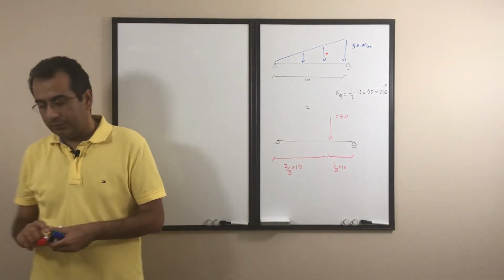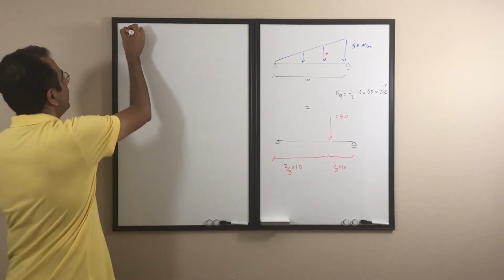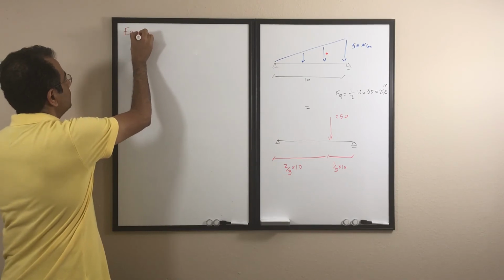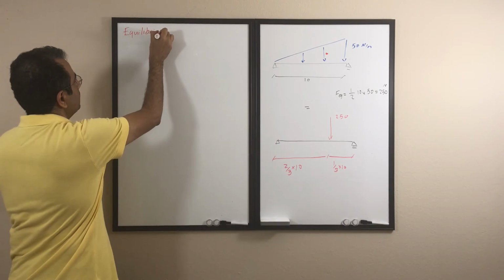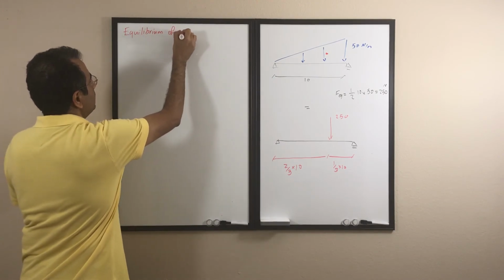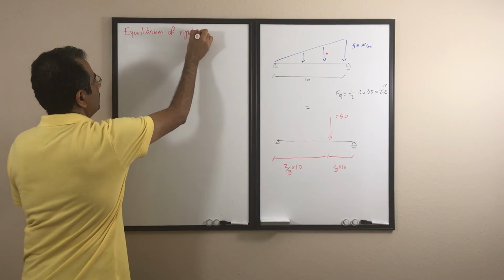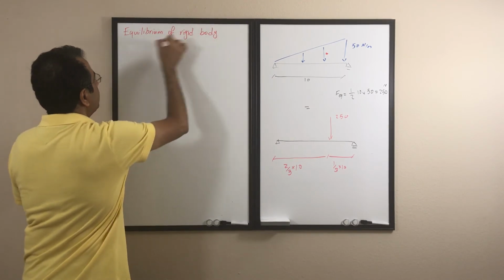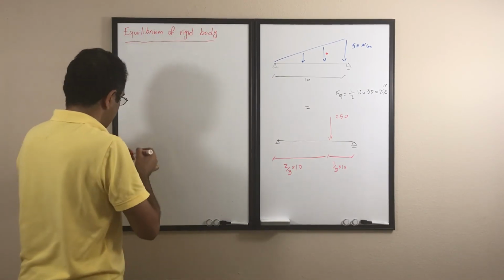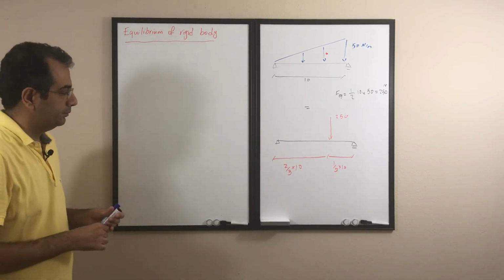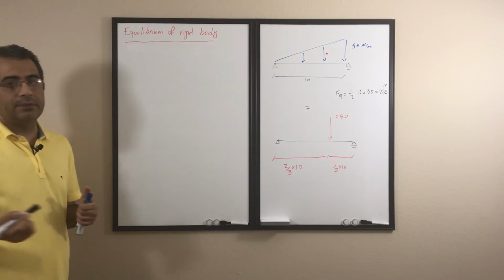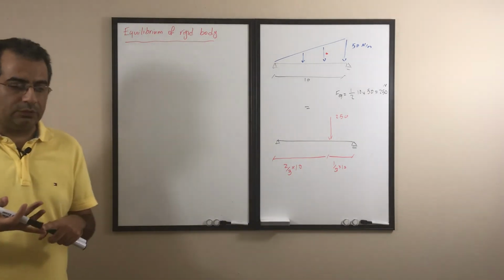What if we have the equilibrium of the rigid body? So these are the steps that we have for the equilibrium of a rigid body.